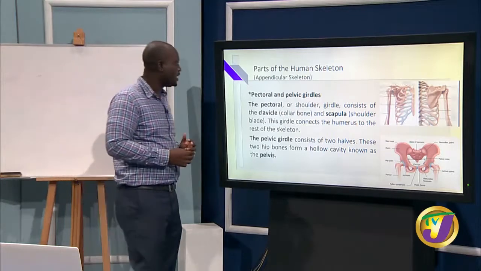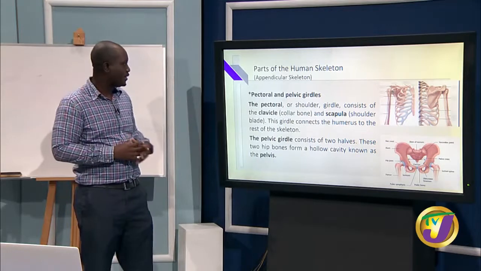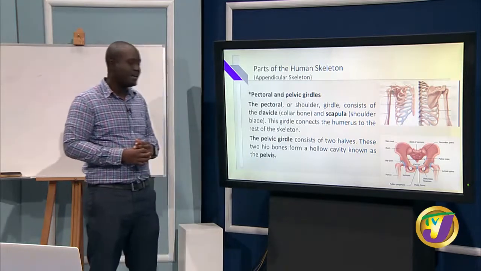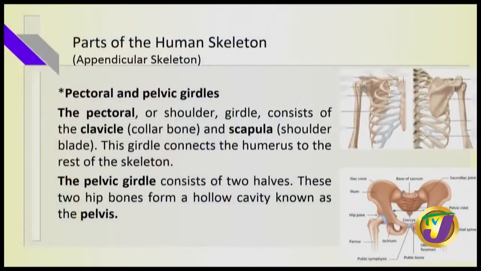Then a part of the appendicular skeleton is the girdles. And you have two types of girdles. You have the pectoral girdle and the pelvic girdle. The pectoral girdle is found in your shoulder, as seen on the diagram. So there is a clavicle or your collarbone. You know, your collarbone, I spent a lot of time with my grandmother.